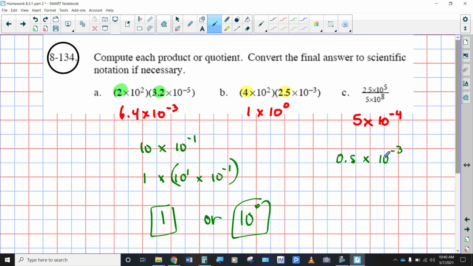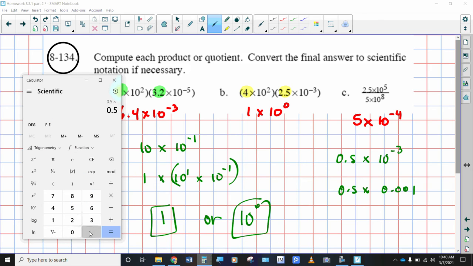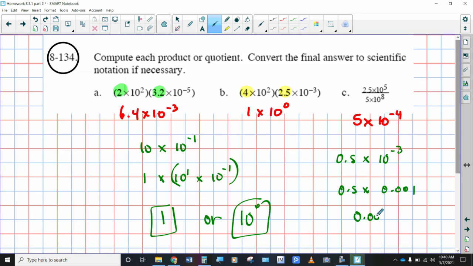Maybe we just need to do this. Let's just say 0.5 times 0.001. That's 10 to the negative third, right? 1 is in the third decimal place. Now let's figure out what that is, times 0.0001, and that gives you 0.0005. And now your 5 is in the fourth decimal place, so that becomes 5 times 10 to the negative fourth. Did I mention this was kind of complicated?